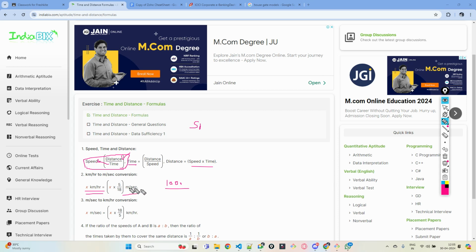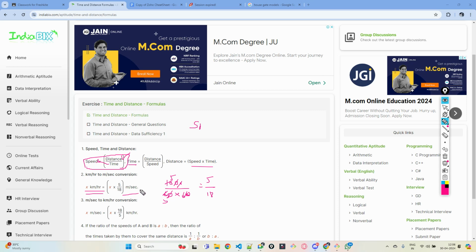To convert hour to second, first you have to convert hour to minute, so you multiply by 60, and then minute to second, again you multiply by another 60. Now if you cancel it, these two zeros will get cancelled. In the 5 table, this is 5 times, this is 3 times, so it becomes 5 by 18. This is how this 5 by 18 came.